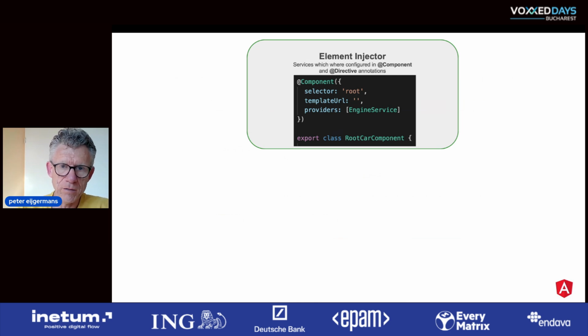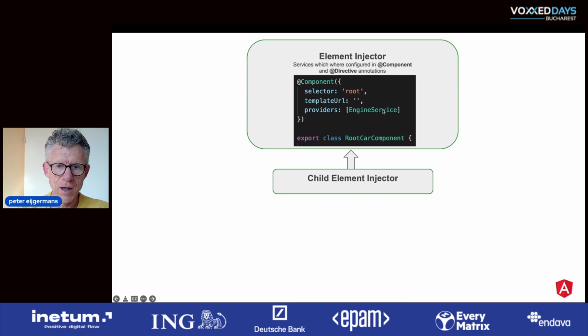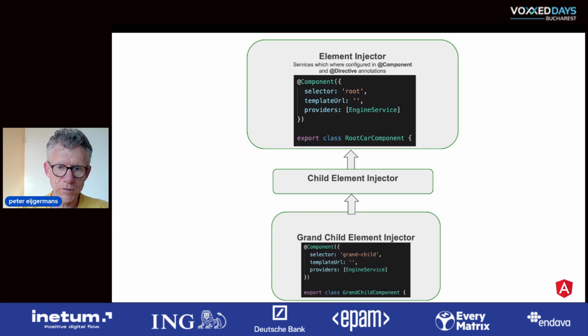You can define here a root component. I call it here root car component. And I've defined here a provider for the engine service. I also have child element injectors for child components or for grandchild components. We can also define our own providers, of course.